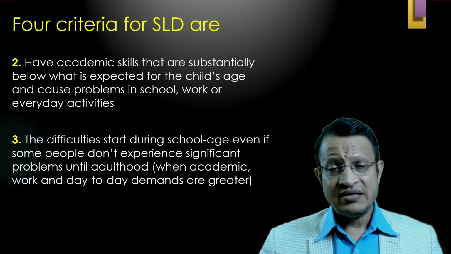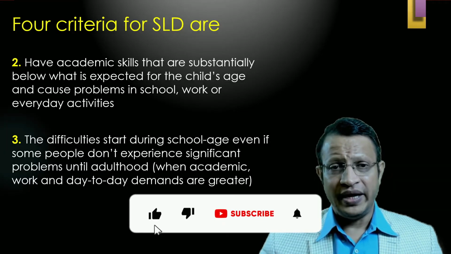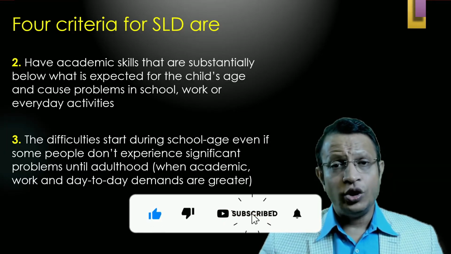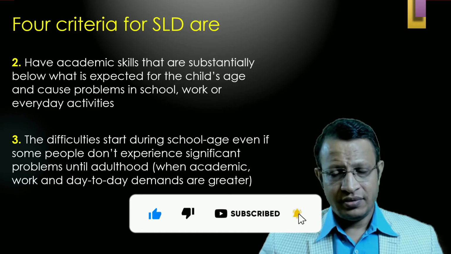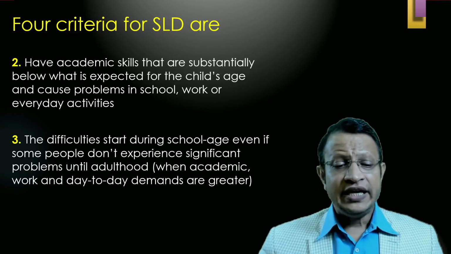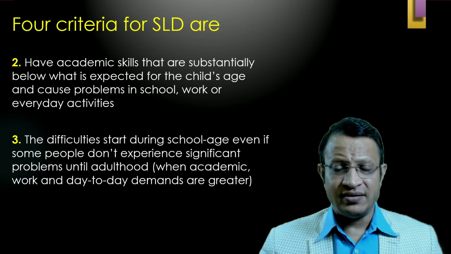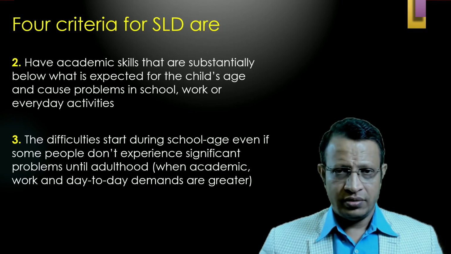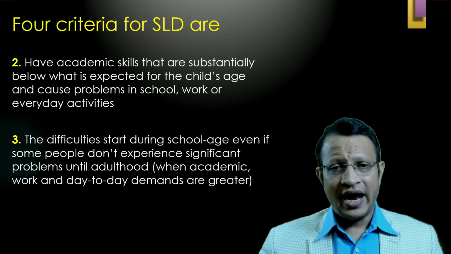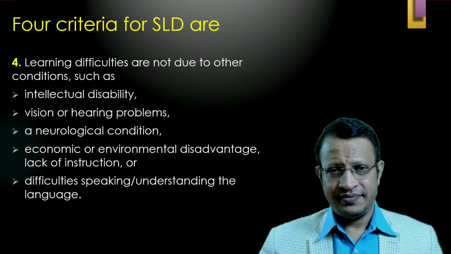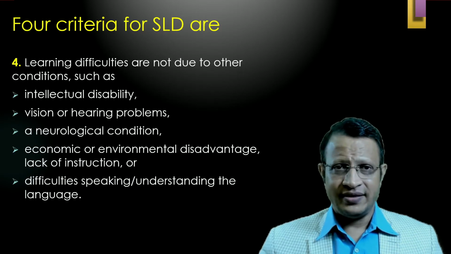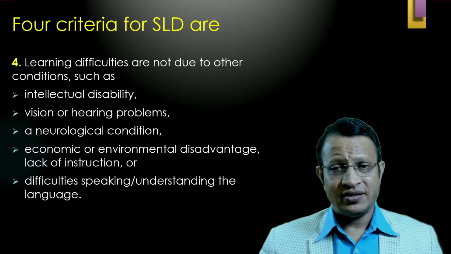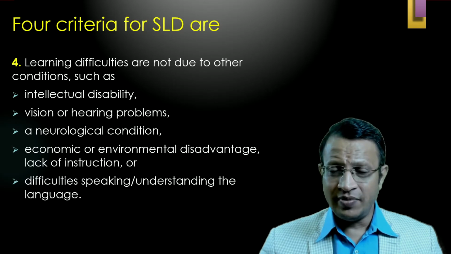Further, the third criterion is that the difficulty starts during the school age, that means the early part of the school age. Even if some people don't experience significant problems, it will be manifested in adulthood when academic work and day-to-day demands increase.